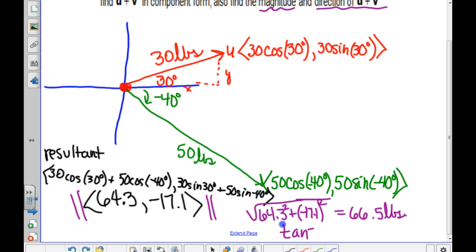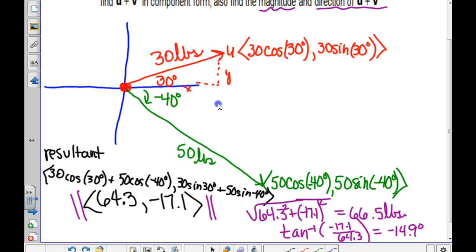Inverse tangent of y over x, so negative 17.1 over 64.3. I get negative 14.9 degrees.